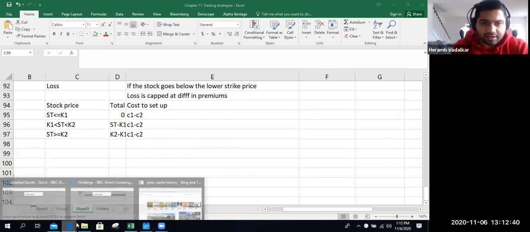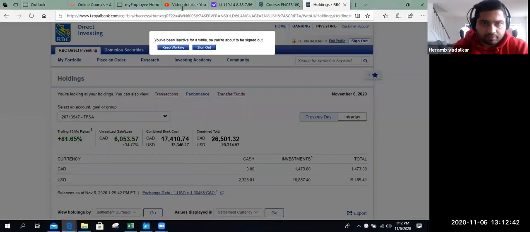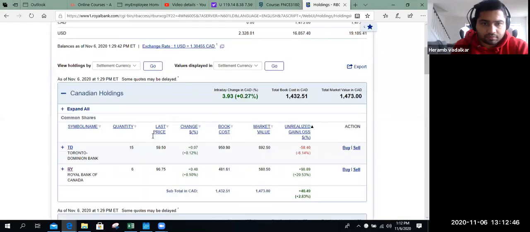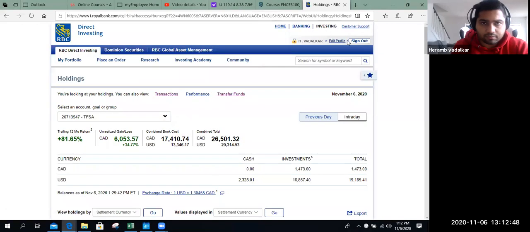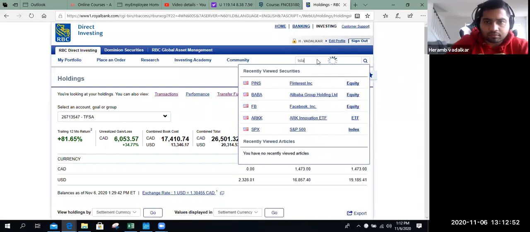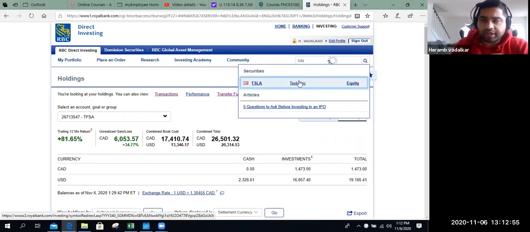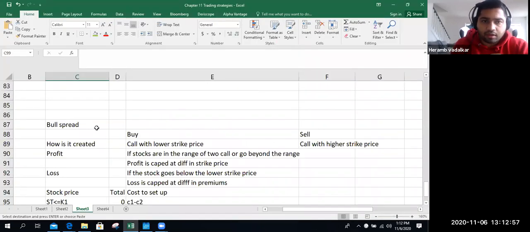So let's look at Tesla. We are doing a bull spread.